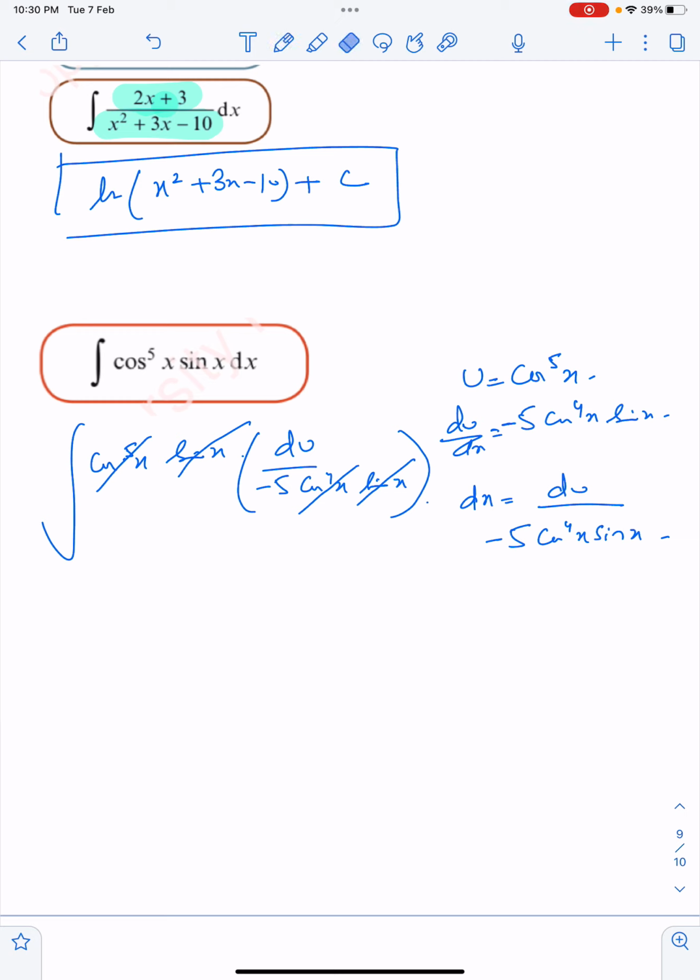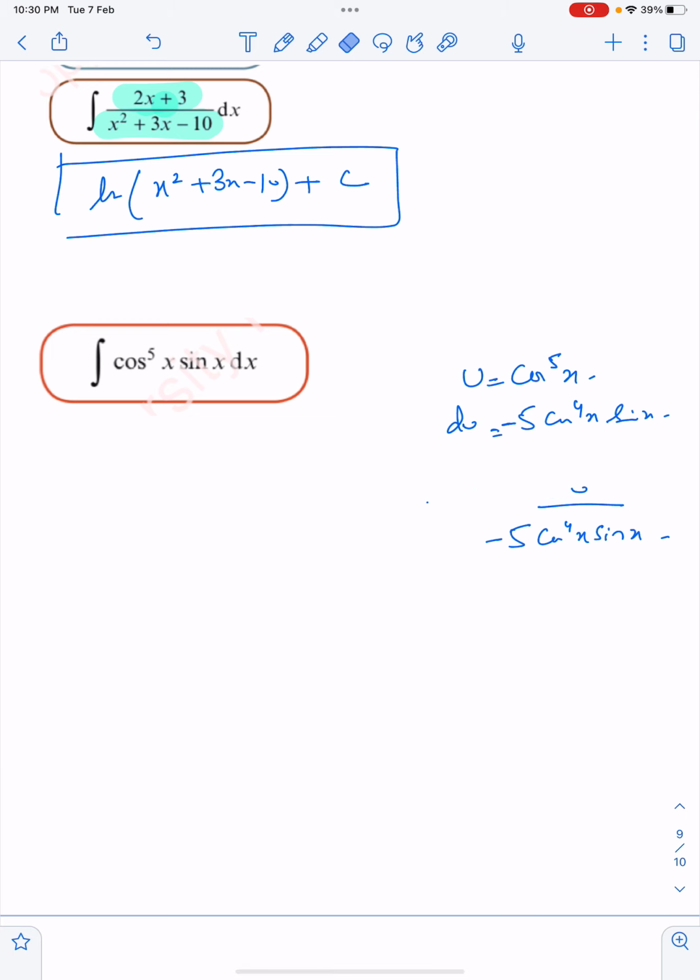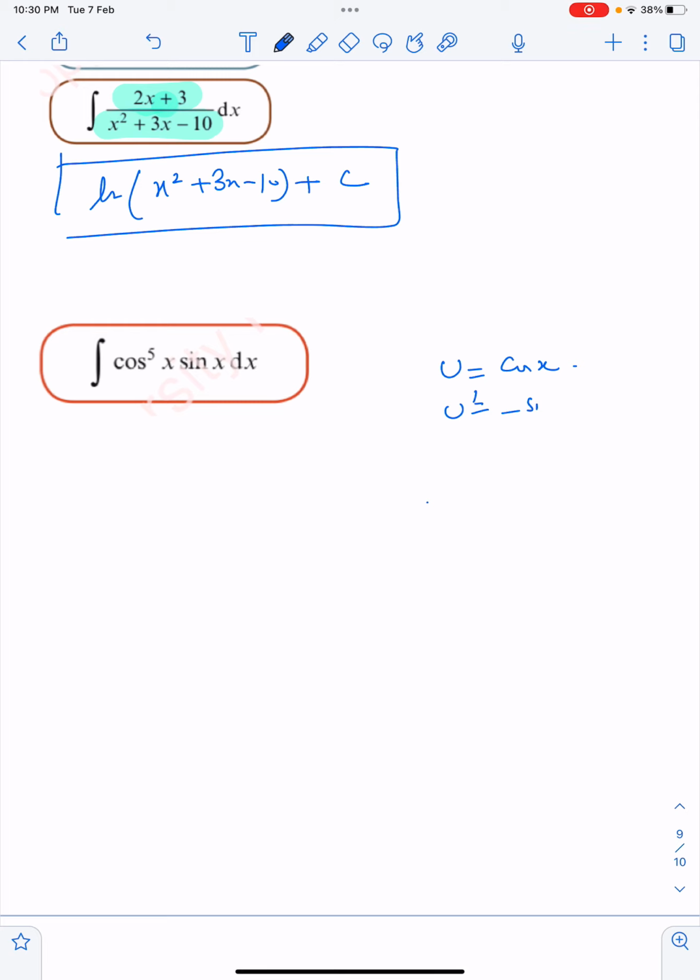Okay, let's do something else here. If I take u equals cos x, u dash is going to be minus sin x. du upon dx equals minus sin x.